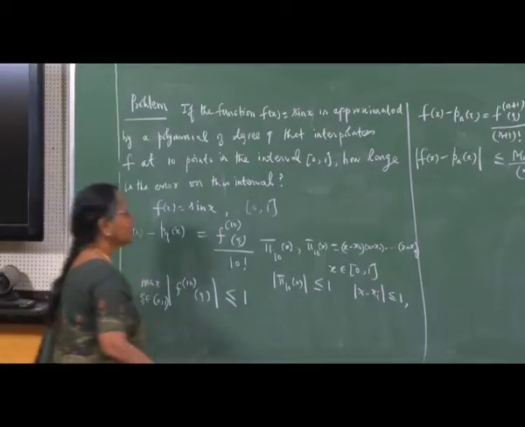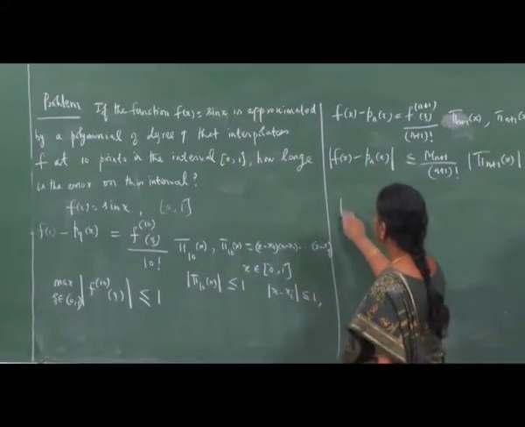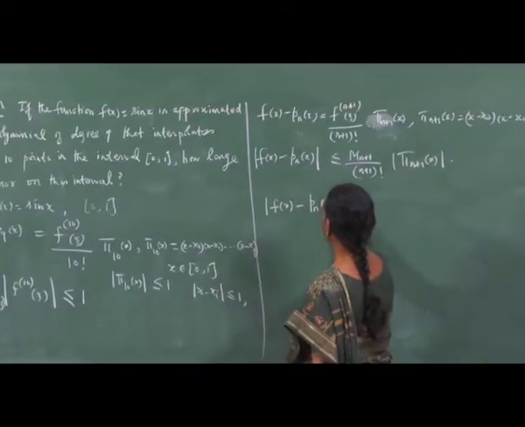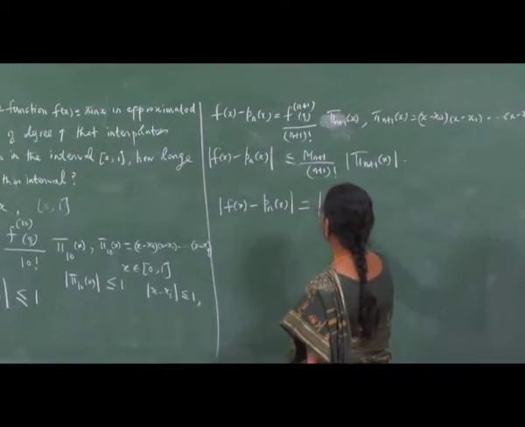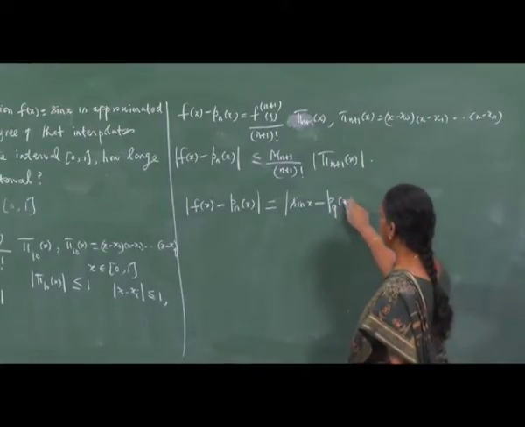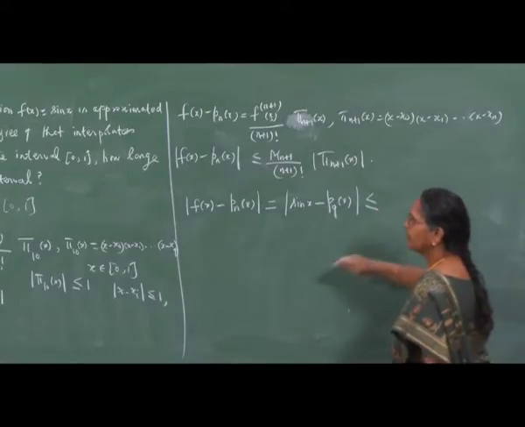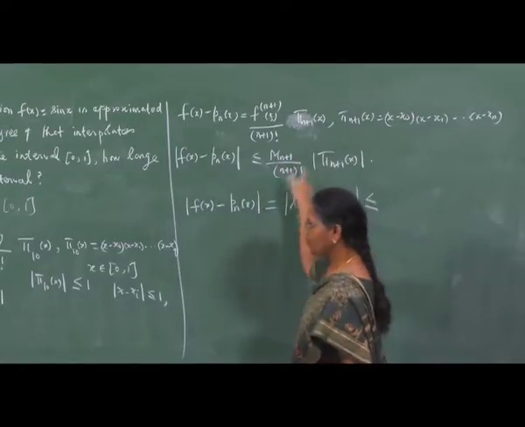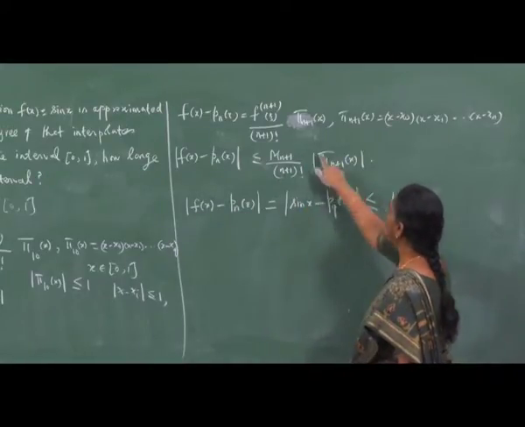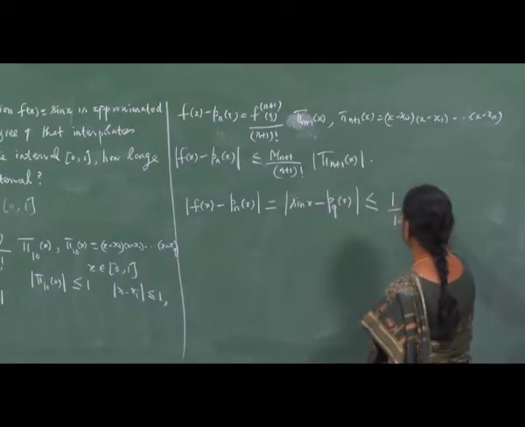Therefore, I have all the information required to compute the error bound: the modulus of f of x minus p9 of x, which is the modulus of sin x minus p9 of x, is less than or equal to M(n+1), that is 1, times 1 by 10 factorial into the modulus of pi 10 of x, which is again less than or equal to 1.